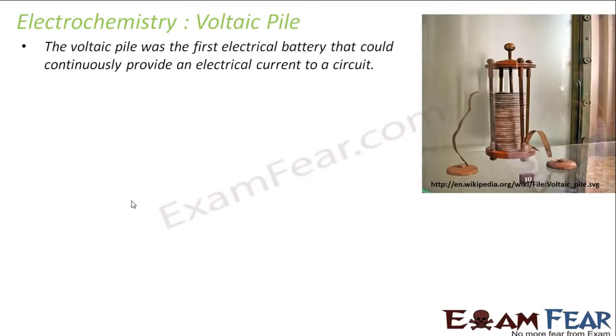So Voltaic pile was the first battery which could continuously provide electric current to a circuit, right? So he believed, as I told, that the electricity came from the contact tension between two metals. So he chose two metals. He chose two metal plates actually instead of rods.